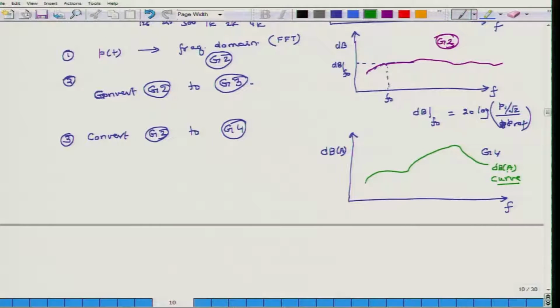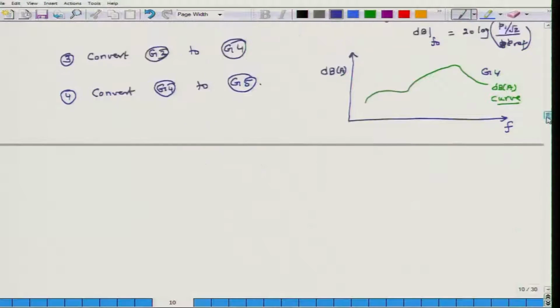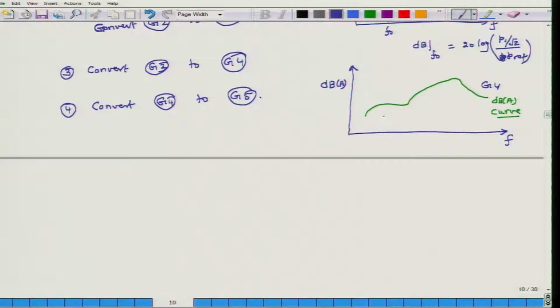So, I get this dBA curve. Fourth, convert G4 to G5. So, this is the perceived curve.